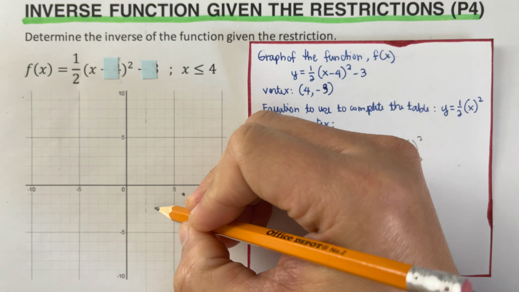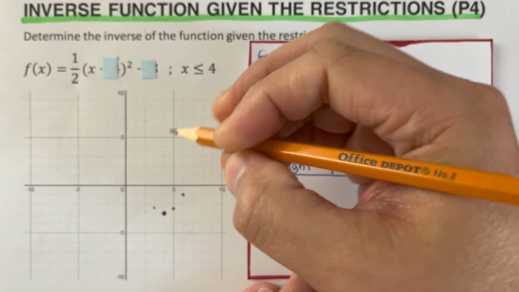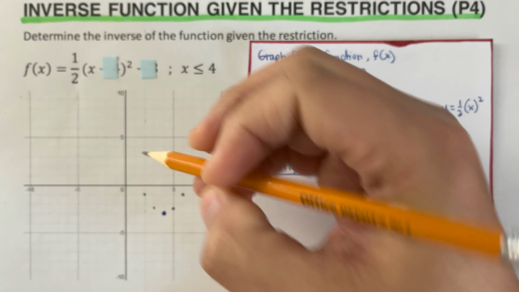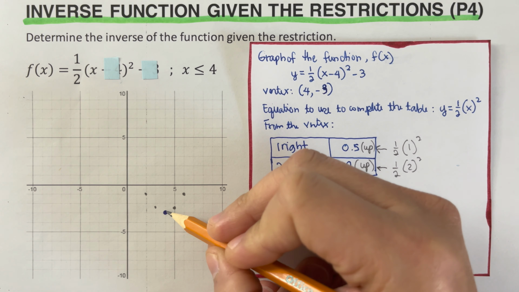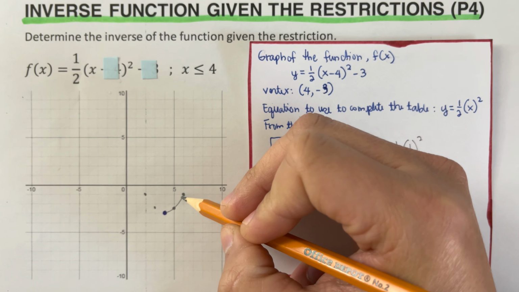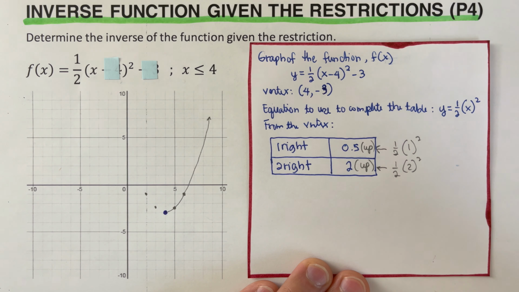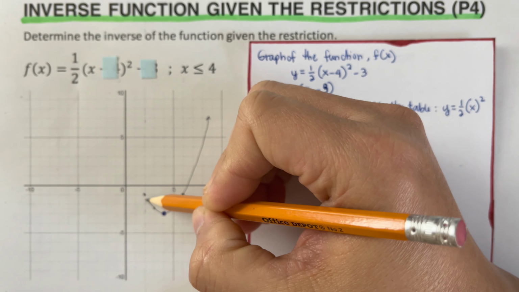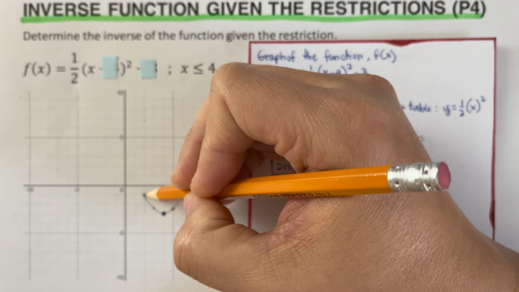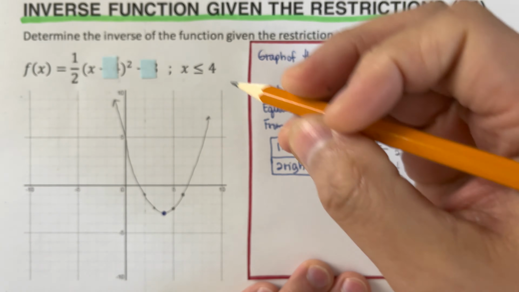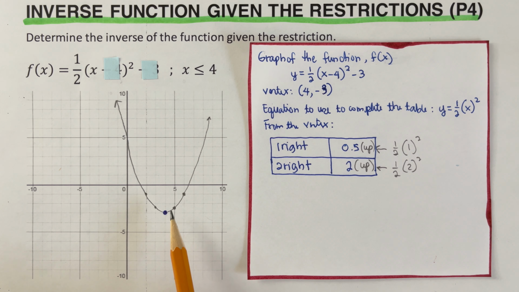Since this is a quadratic equation, we're going to reflect it across, and we are going to sketch the graph. I'm just going to go ahead and sketch the graph right here. Okay, looking at this graph, this is not a one-to-one function. What does it tell us?